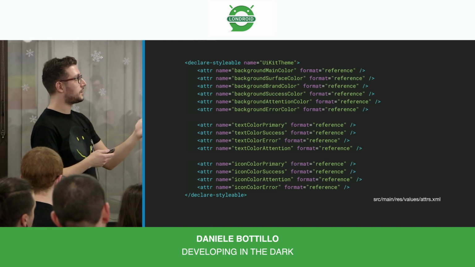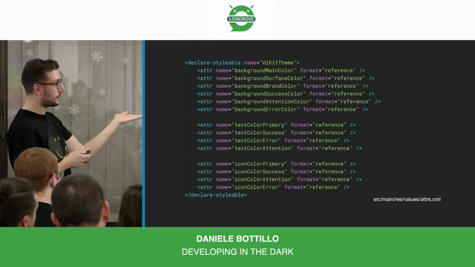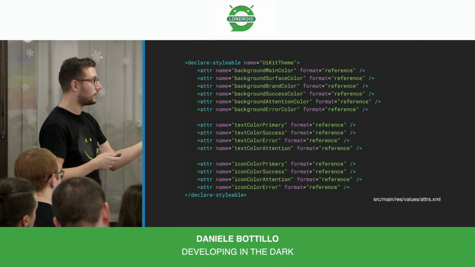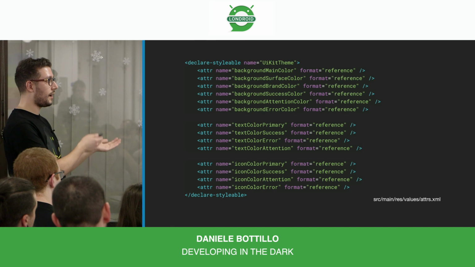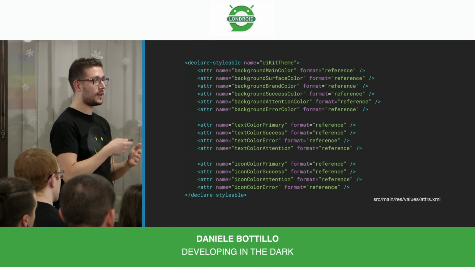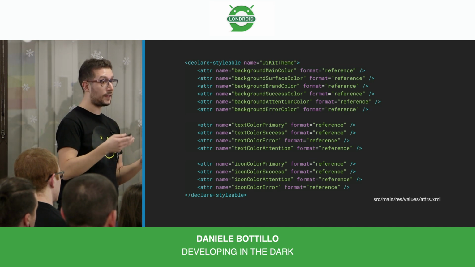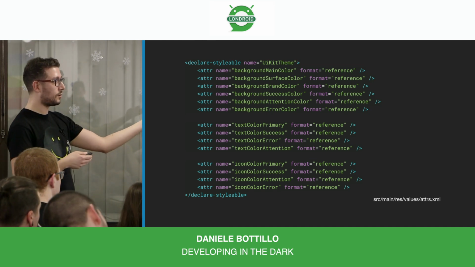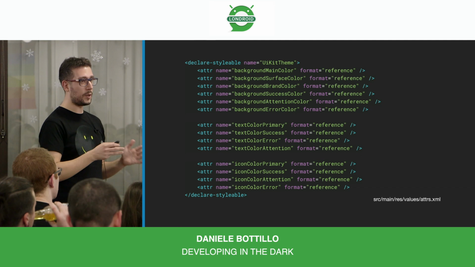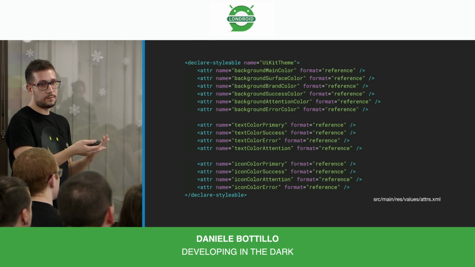They match, for background, text, and icons, the colors that we defined with the designers. So when the designer gives us an icon and says this icon should be colored with the attention color, we know this is icon color attention. So there's no ambiguity about which color you should use to tint this icon.